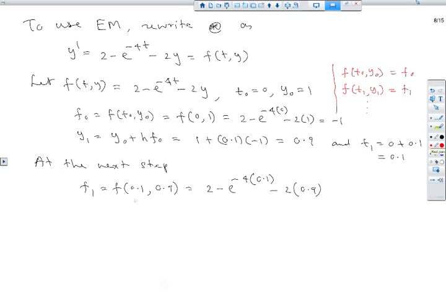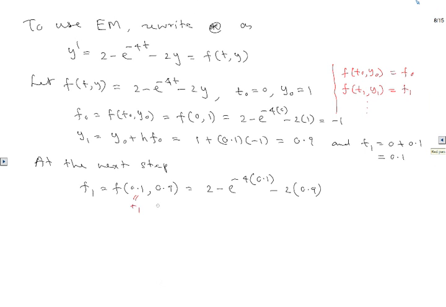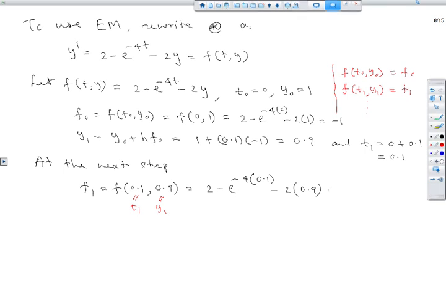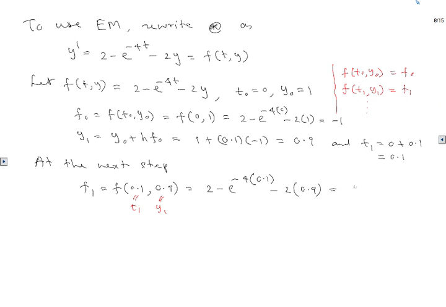So this is t1 and this is y1. Good. So if you simplify this, you end up getting negative 0.47032. Depending on how accurate you want to be, it would be better to write a few extra decimals in a step like that.